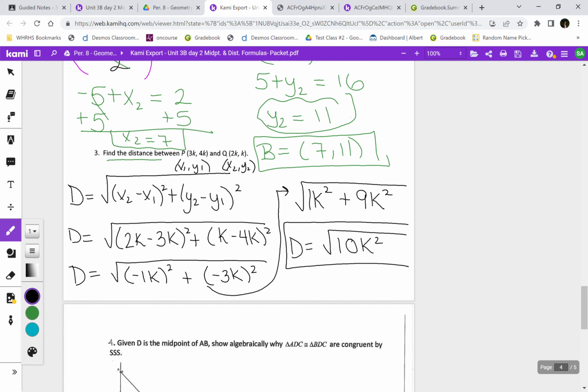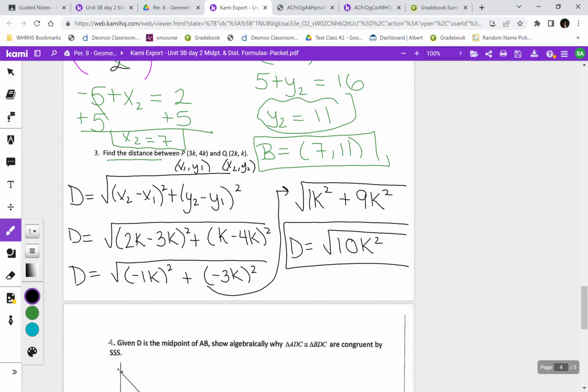Ethan, was your hand up? Yeah. Why is it still squared? Like, why is it still labeled as k squared and 9k squared after squaring it out?